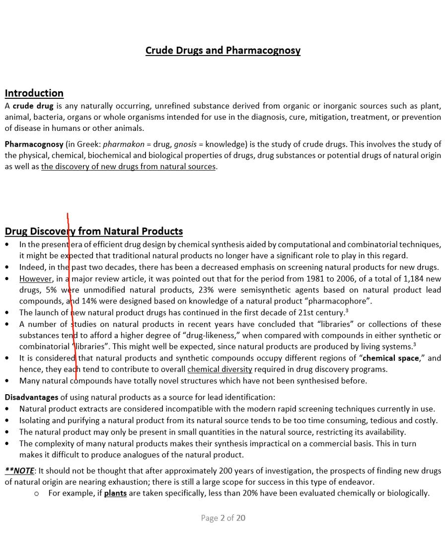So if this is a two-dimensional space, okay, and the synthetic molecules are gonna fill, for example, this region of the space, and because they are similar to each other, are gonna fill, let's say, this region of space, and then the natural products are gonna fill, for example, this region of space.